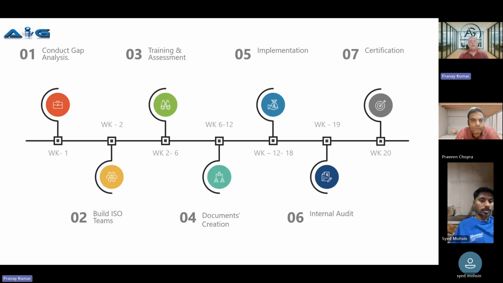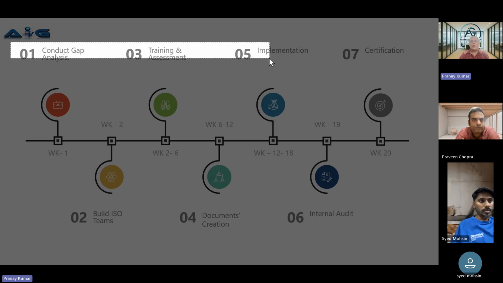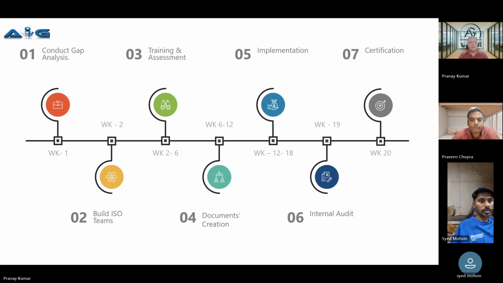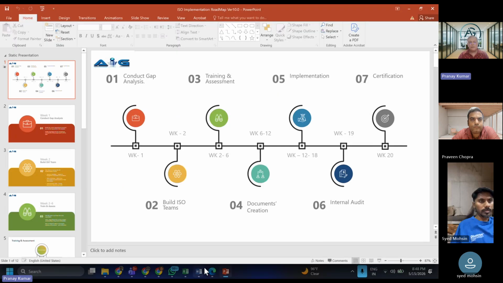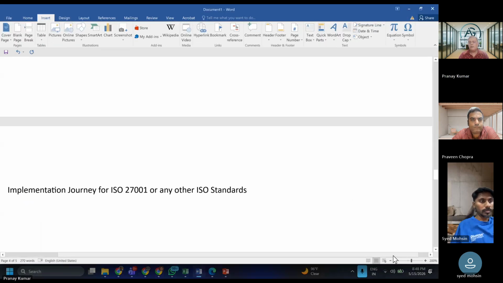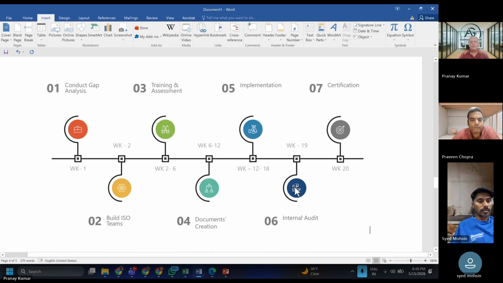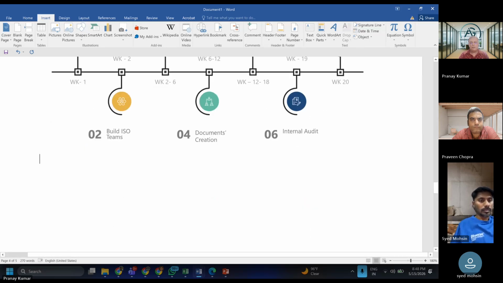Step number 1 is about gap analysis. I am going to get into the organization. Maybe I can write it all so that you guys can use it later. So step 1, I'm saying, is gap analysis.